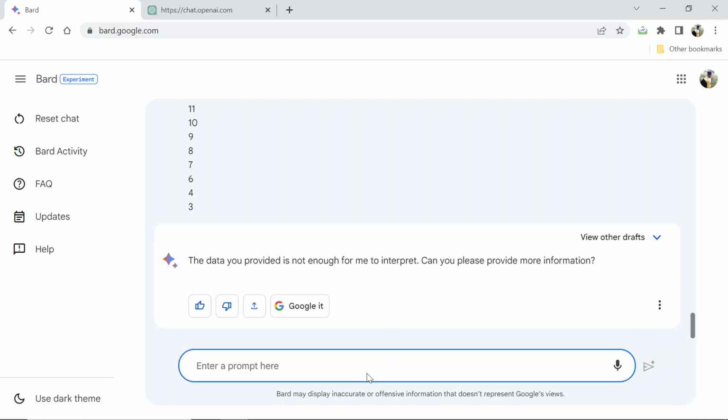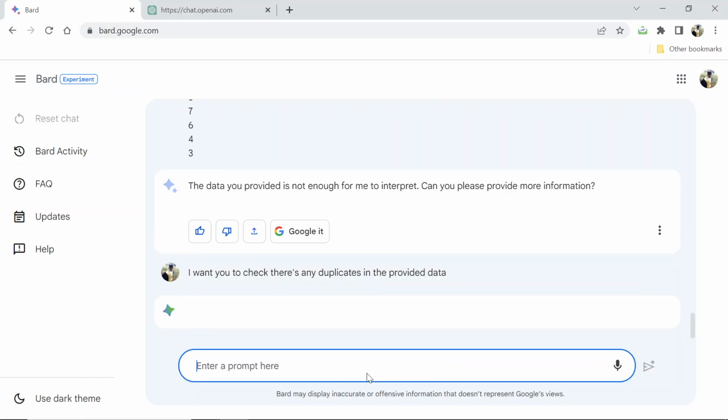I want you to check if there are any duplicates in the provided data.